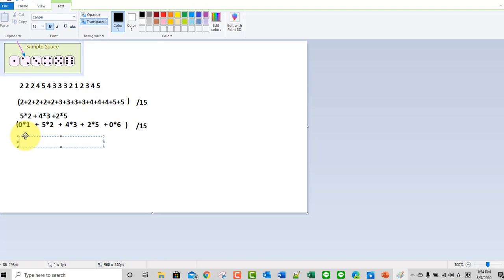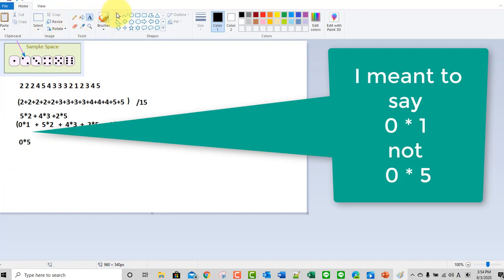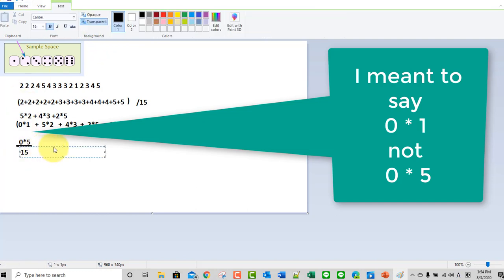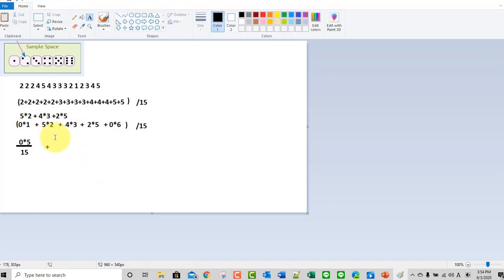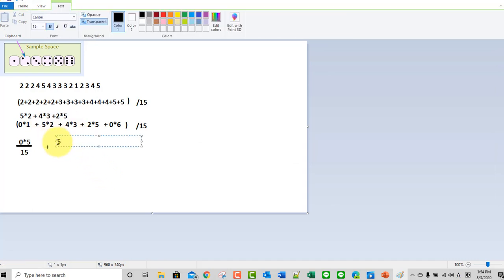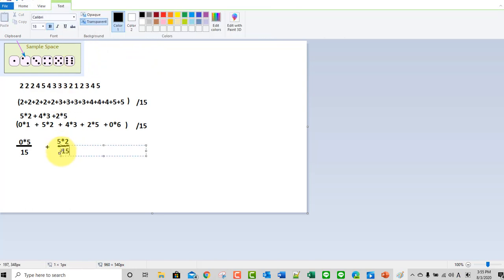So I could do 0 times 5, and then I guess I have to do this clumsily, but I could put divided by 15, plus, and then I have 5 times 2 also divided by 15. So I'm allowed to take this 15 and put it here, right? And divide each term by 15.